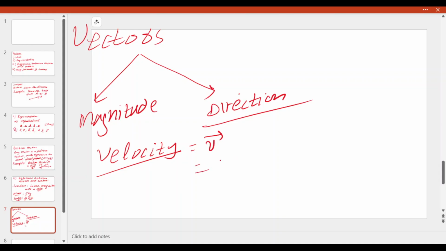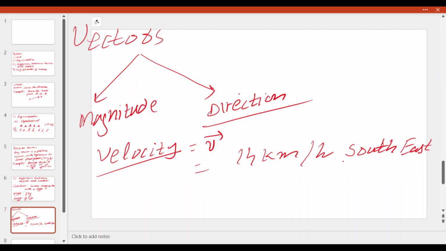So how much velocity? Let's say 14 kilometer per hour towards south east.